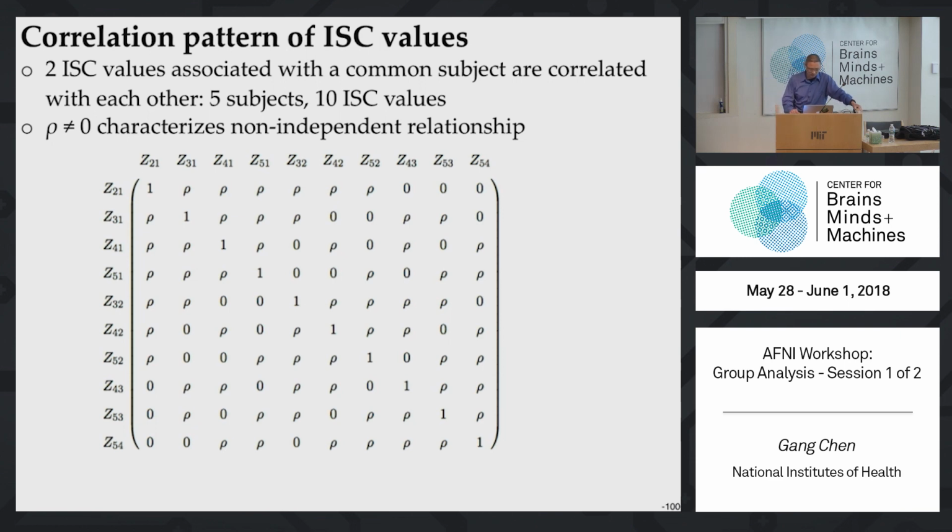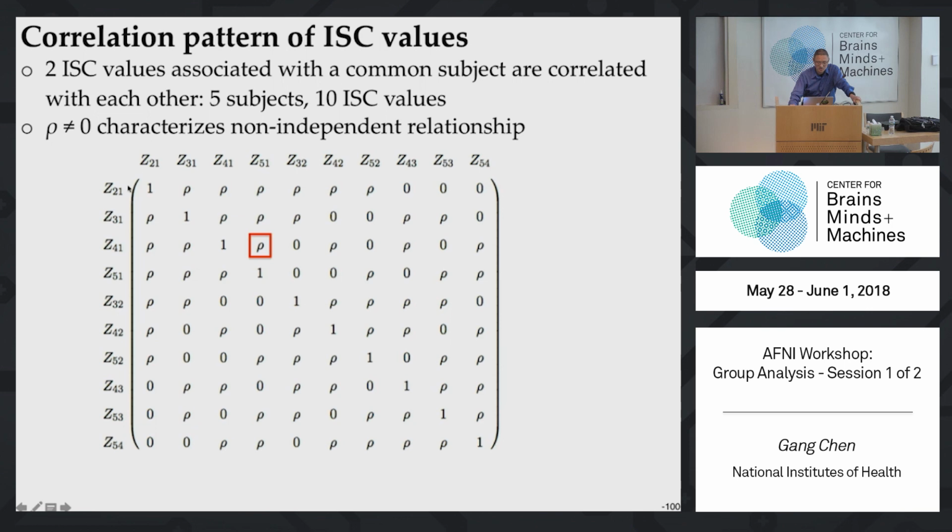The zeros: for example, here we assume it's not 0. Why is that entry not 0? Look at the x and y directions. Horizontally, that's Z4,1, the Z score between subject 4 and subject 1.